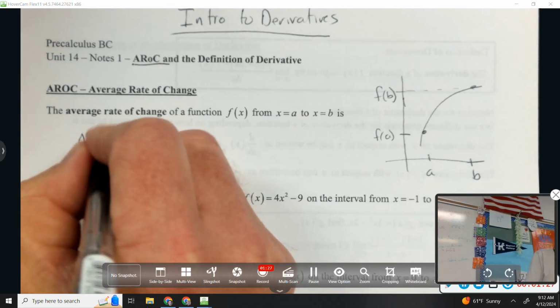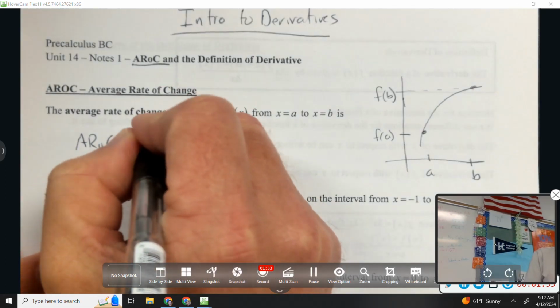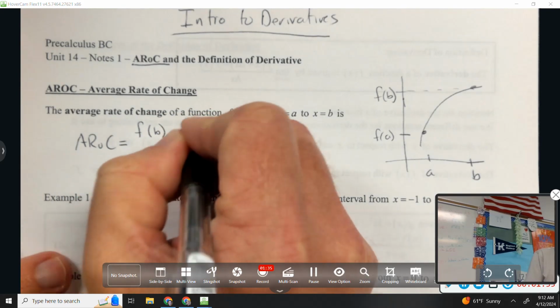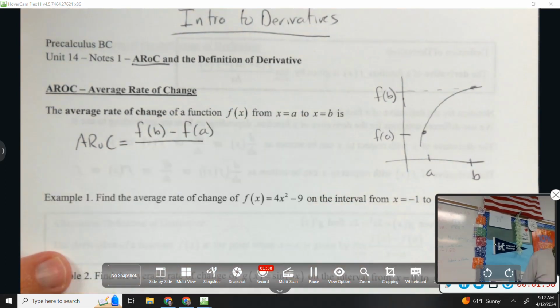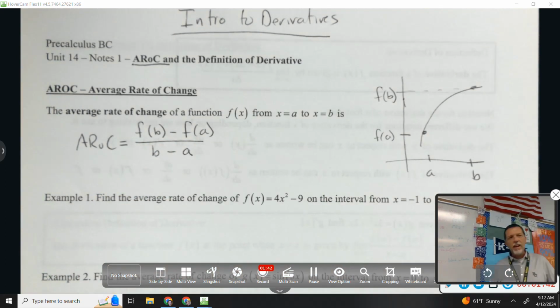So the average rate of change, here's the definition that you'll need to know, is f of b minus f of a over b minus a.